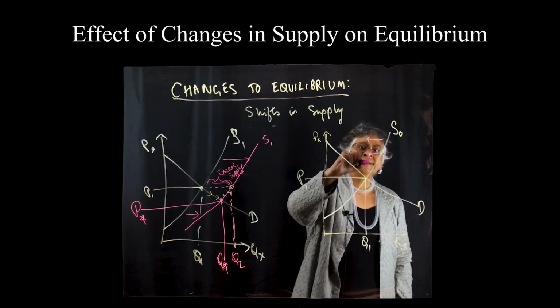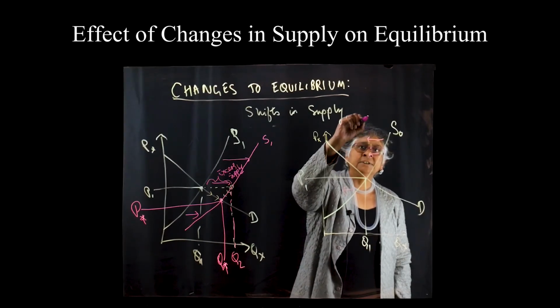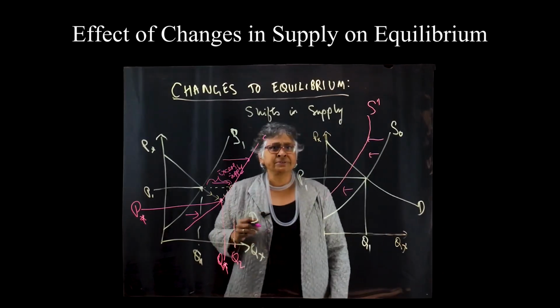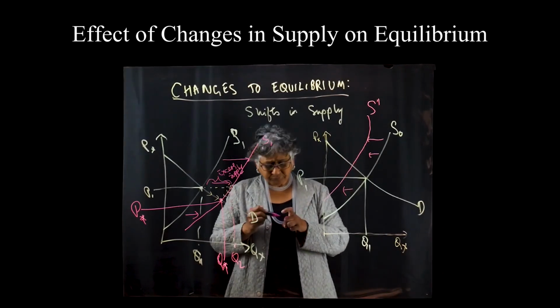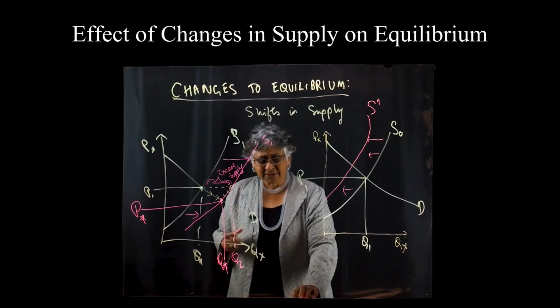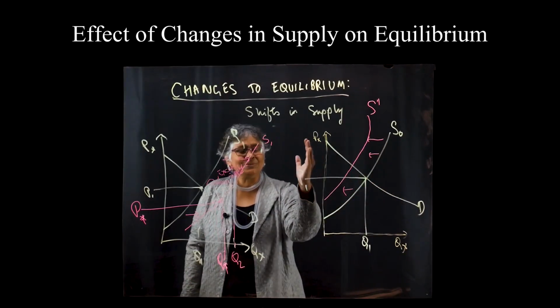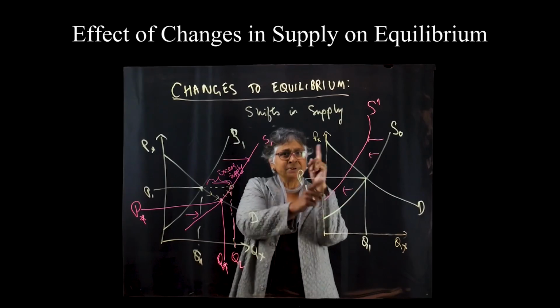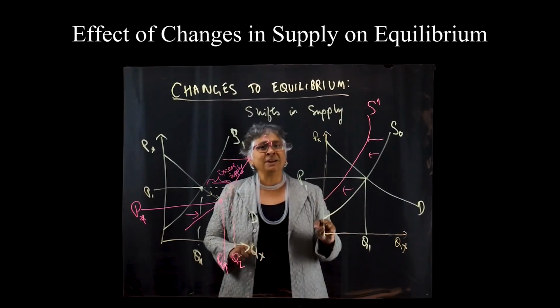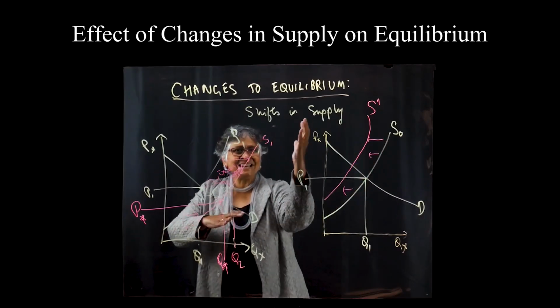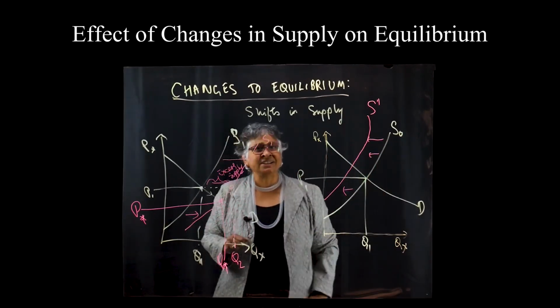So in this case, the supply curve shifts in to this new supply curve in pink. Notice again, remember that this is a decrease in supply. It's an inward shift. Remember the flipped axis. Don't make the mistake of thinking that this is upward or increase. This is inward, a decrease in supply.